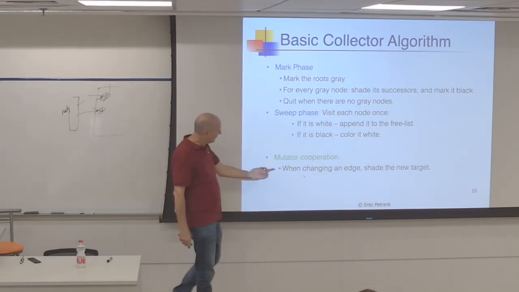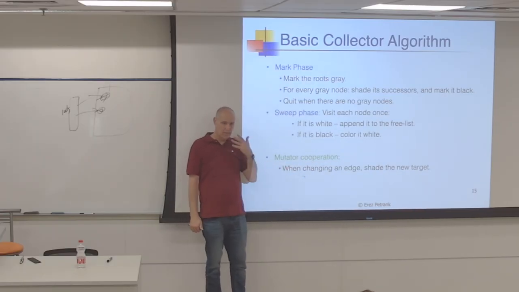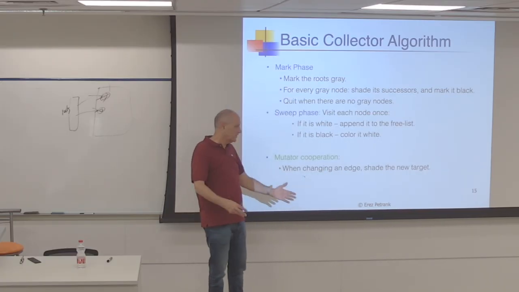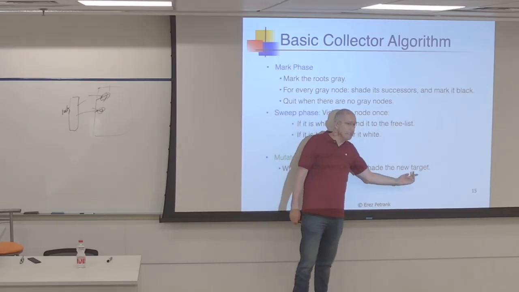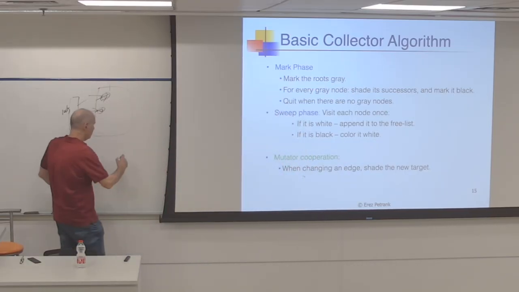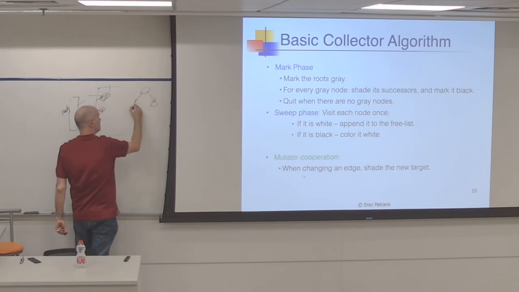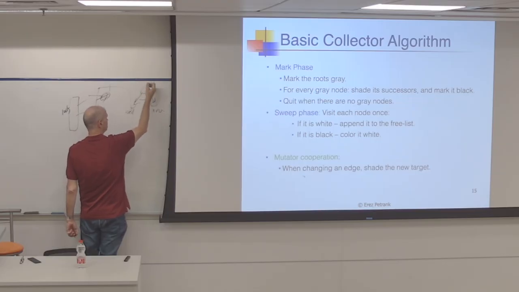Everything normal. Now there has to be cooperation by the mutator, by the program. Otherwise, there's no way you can do a DFS or a BFS while things are changing. So when changing an edge, the program shades the new target. If I do this change, this was the old referent, this is the new referent, and this is the parent.